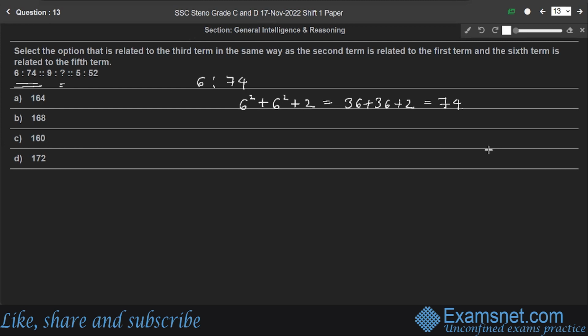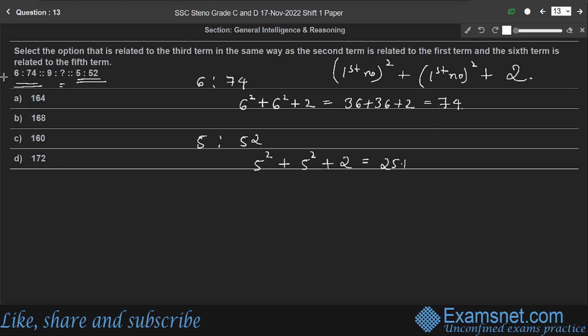Therefore, the logic is the square of the first term plus again the square of the first term plus 2, and you will get the second term. Similarly, for 5 and 52, the first term is 5 squared, again add 5 squared, plus 2. 5 squared is 25, plus 25 is 50, plus 2 is 52.